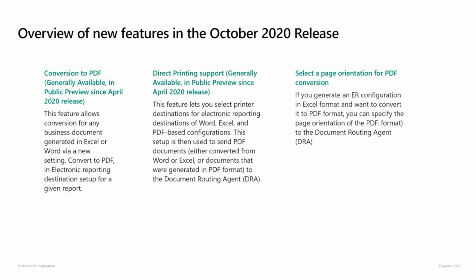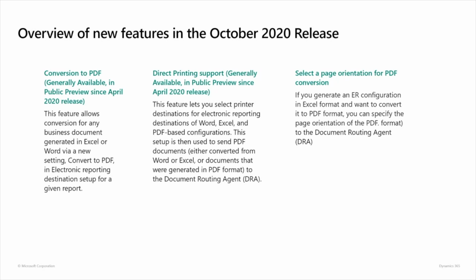So we talked about these features at the previous TechTalk, and we have been working with our partners and customers in public preview mode, listening to the feedback, and some of this feedback actually resulted in new features which we're delivering now. And now we are making these features generally available. So we believe they are quite resilient, and ready for you to use in production.